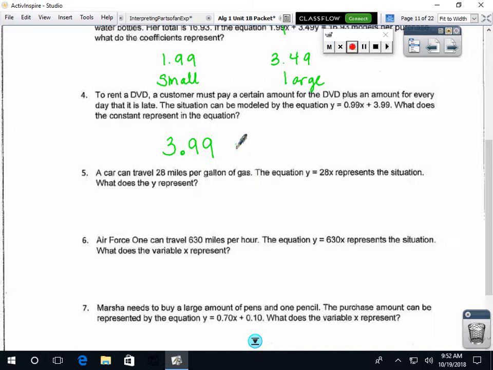And what do you think it represents? Right, the cost to rent the DVD. So what do you think that 0.99x represents? Right, it's 99 cents a day is the charge for the late fee, 99 cents per day that it's late.